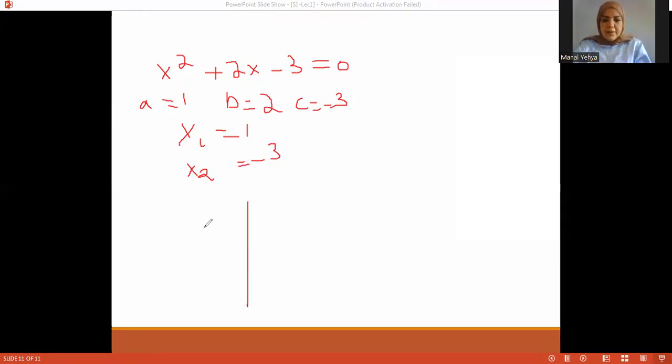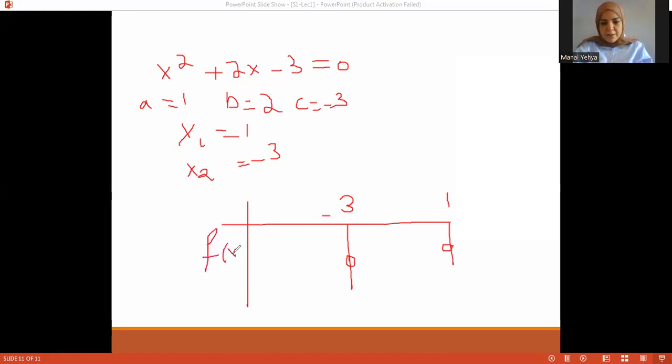So I draw a table. Last year, we used to put every factor alone. This year, no need to factorize it. You put directly minus 3 and 1. You put them in this way. Both of them are roots. You put here the equation, called f of x, for example.